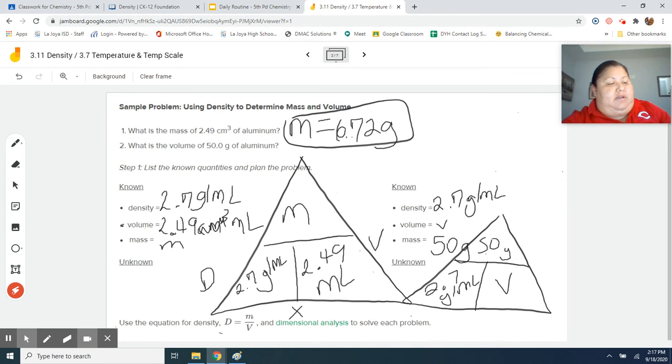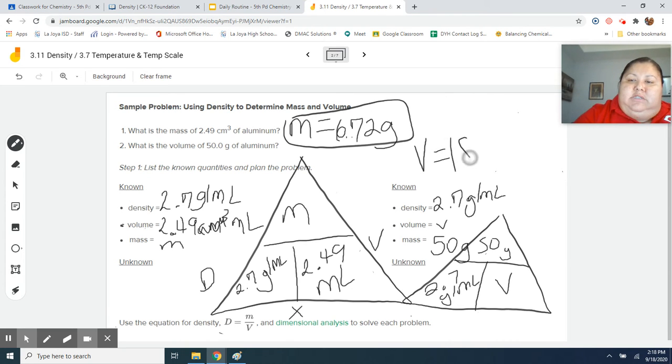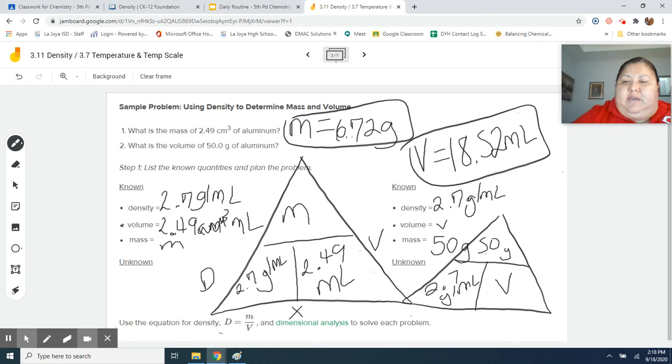So we go to our calculator, we zero it out, we start punching in 50 divided by 2.7, and we get this number, 18.52 if we round it correctly, right? So then we're going to go to the top and put volume V is equal to 18.52, and our volume is in milliliters. Okay?